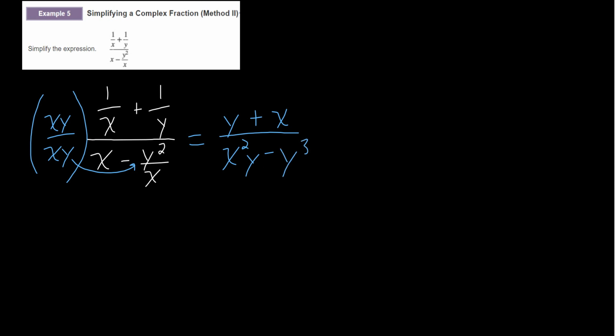Okay, so this doesn't look like the first problem just yet, right? Instead, looking at this denominator here, what can I factor out here? Well, it looks like just a single y. Okay, so I'm going to factor out a y, and what remains would be x squared minus y squared. Okay, x squared minus y squared.